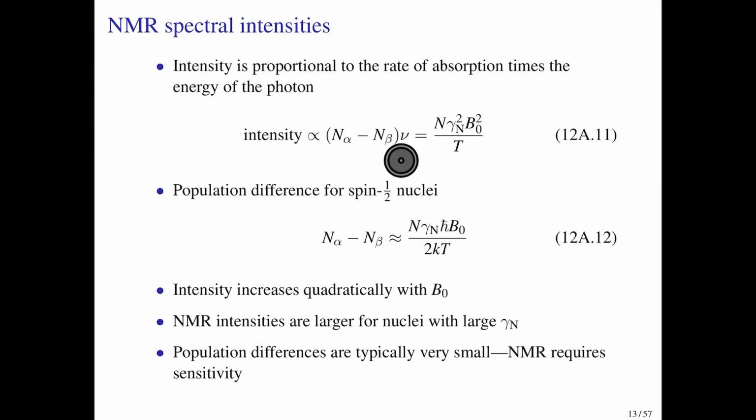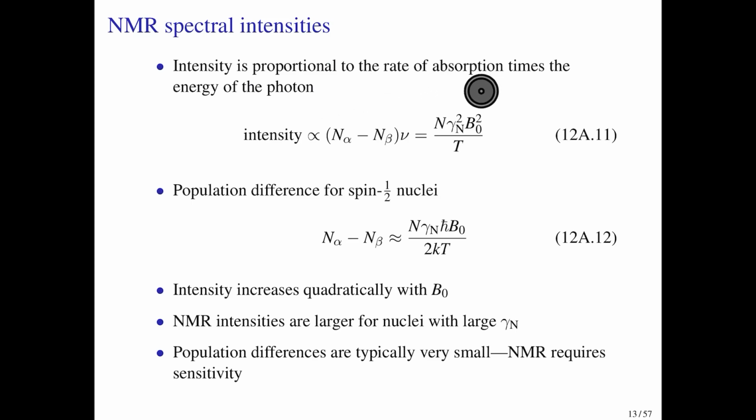And then you plug in the NMR frequency that we just looked at, and you get this expression here. And what you find is that the intensity of the resonance is proportional to the magnetic field strength squared. So the stronger the magnetic field you're using, the stronger the intensity of the resonance that you want to detect.